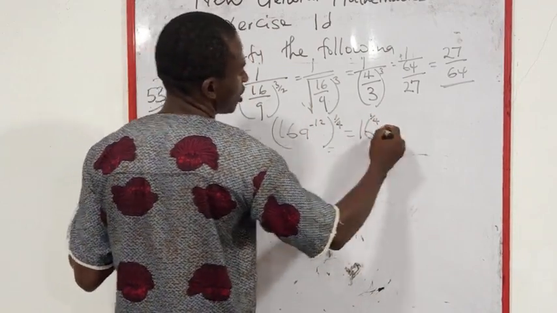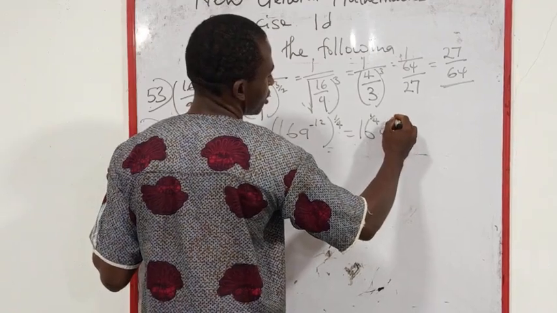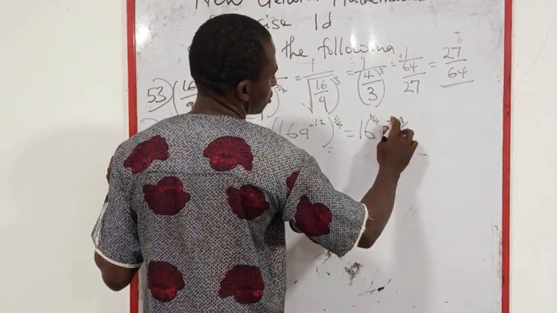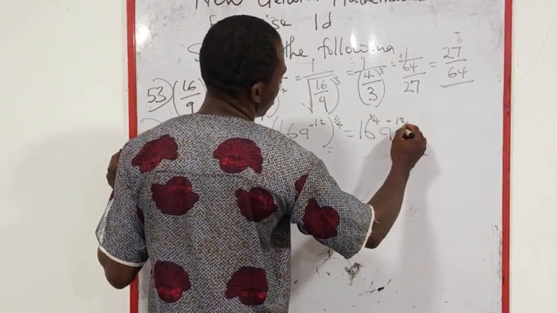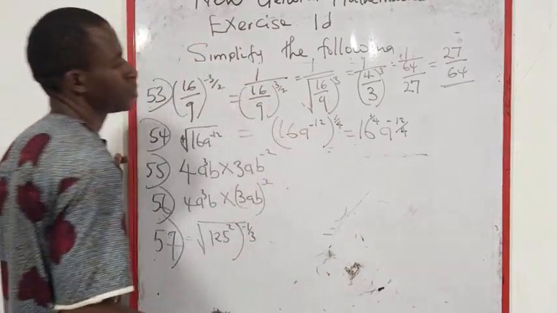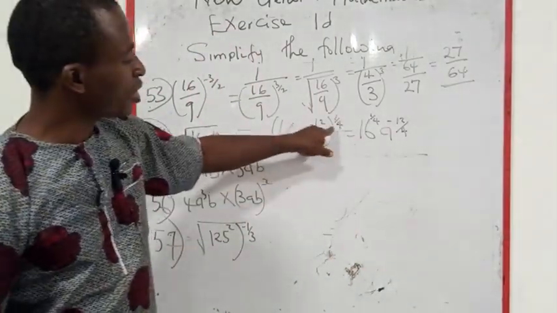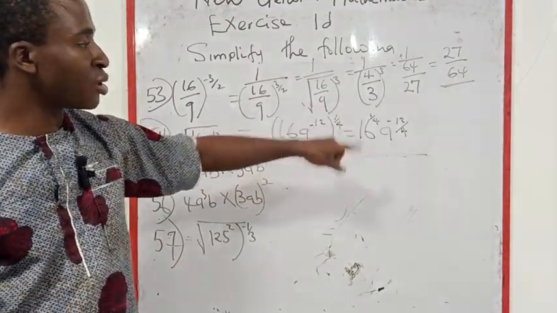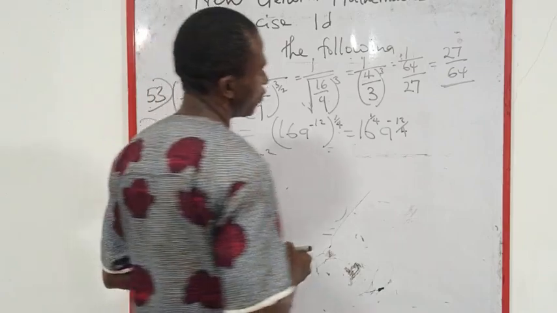And to multiply this, now a raised to power minus 12 over 4. Because when it multiplies, the 4 will now be at the denominator. That is how it is factorized. Minus 12 times 1 over 4 will now be 12 over 4.